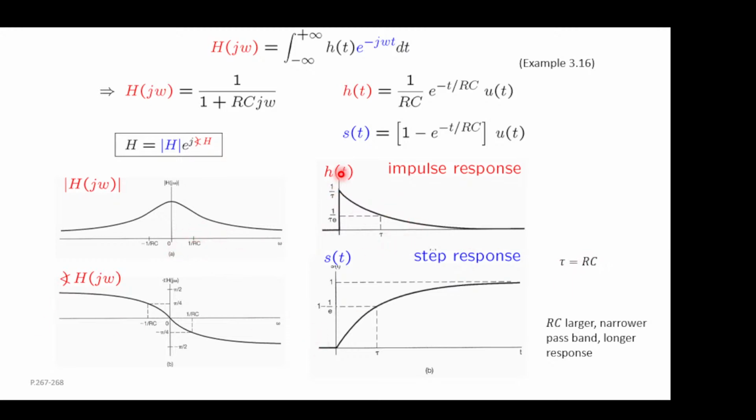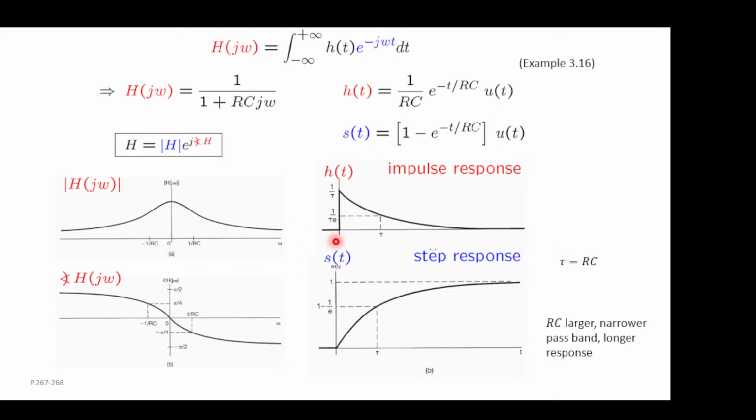We also plot a step response here. You can do the integration and you get a step response. One thing I want to say is that there's a trade-off in designing your low-pass filter. You can see it in those time-domain response functions. As we said, tau is the inverse of this 1 over RC.